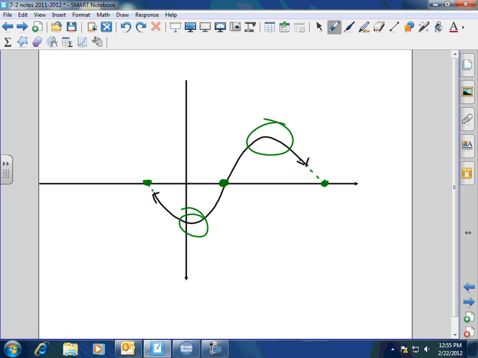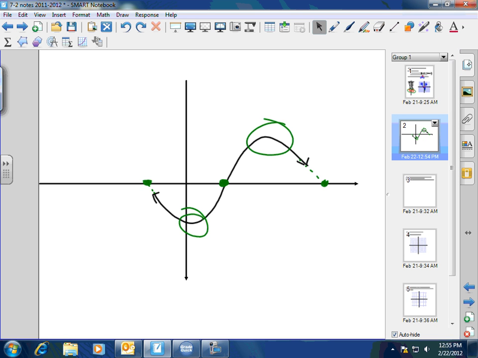That is called the location principle. I don't like the way they state it in the book. It doesn't really make sense. But basically between every 0, I have a turning point. And that's called the location principle. Cool? All right.